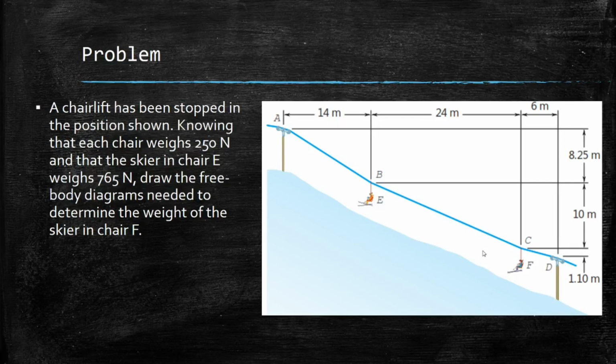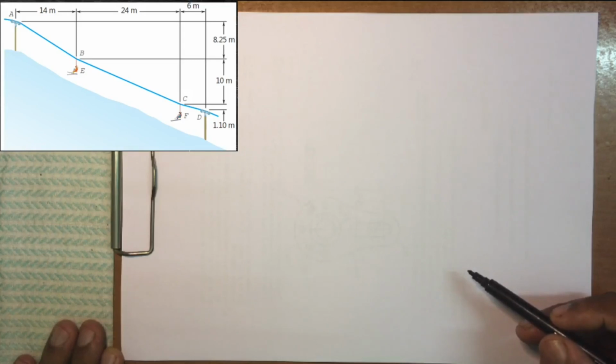A chairlift has been stopped in the position shown. Knowing that each chair weighs 250 Newton and that the skier in the chair E weighs 765 Newton, draw the free body diagram needed to determine the weight of the skier in the chair F. Point C is my point of interest.